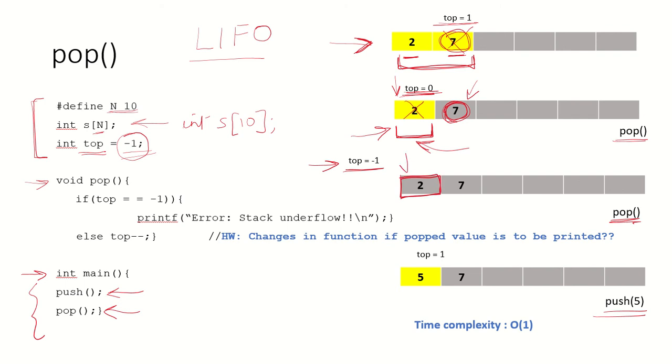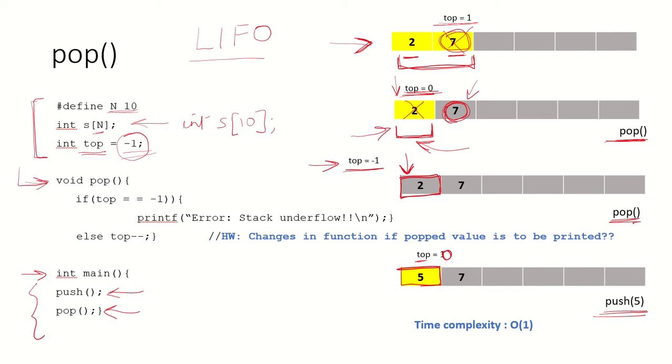So top will be incremented to point to this new space and 5 will be inserted over there. So top would have a value of 0. So every time a pop operation takes place, top is decremented, and every time a push operation takes place, the top variable will be incremented.